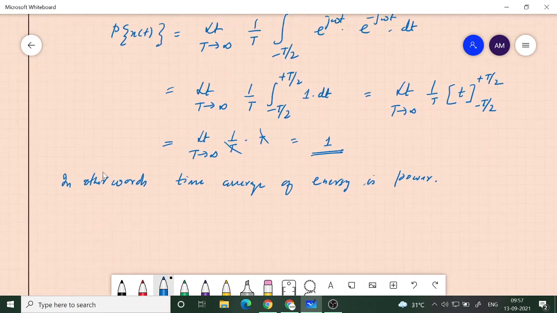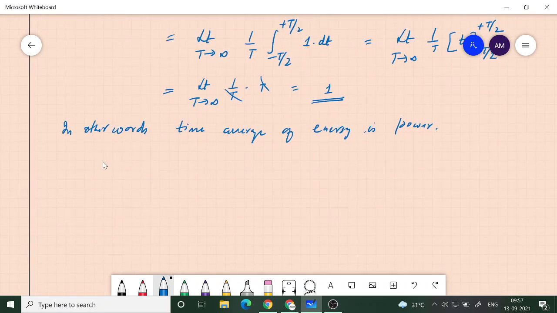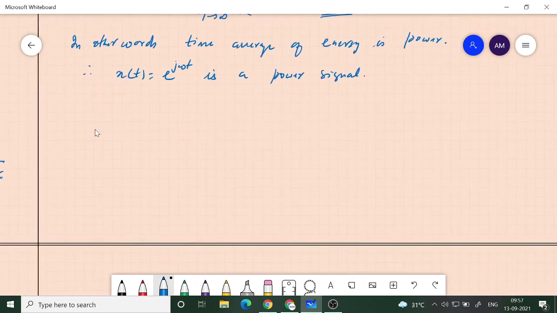Therefore x of t equal to e raised to j omega t is a power signal, because it has finite non-zero power.